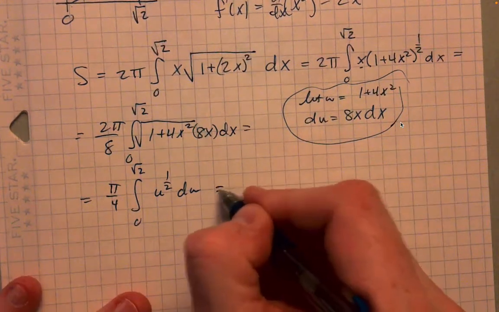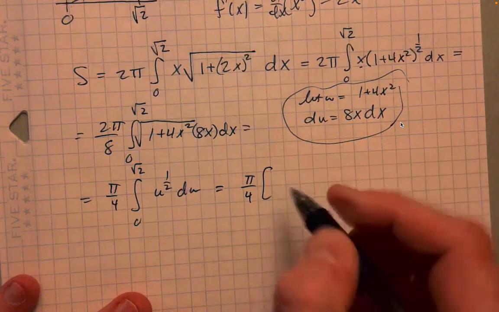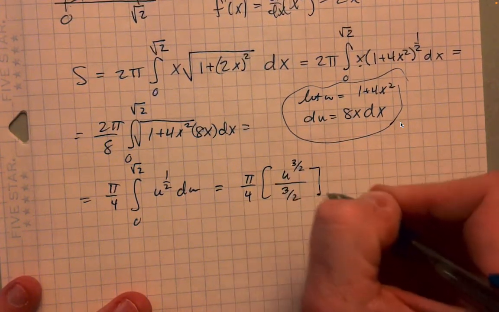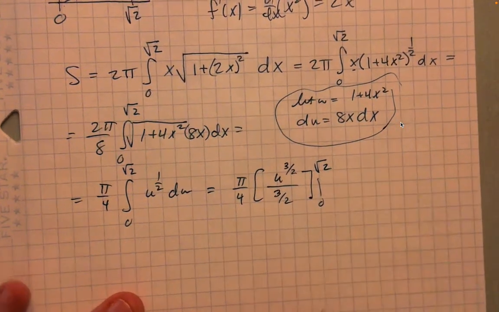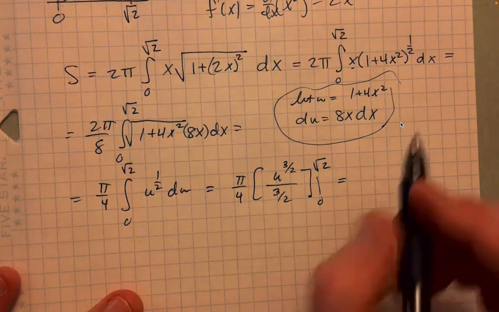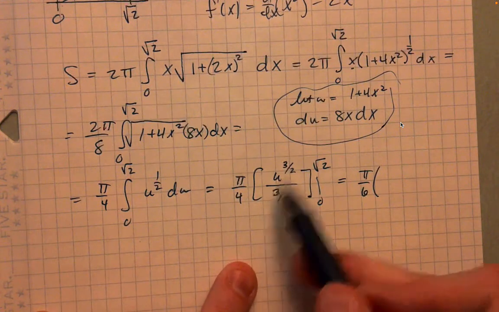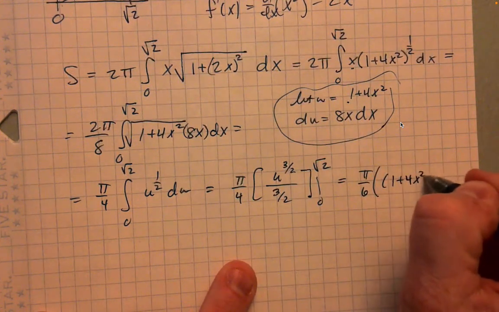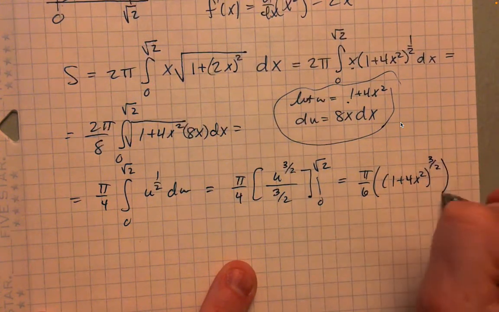And just like we've seen previously, this will be pi over 4, and then this will be u to the 3 halves over 3 halves, from 0 up to the square root of 2. And so that means this is pi over 6 times, now u, remember, is 1 plus 4x squared, and this is the 3 halves power.